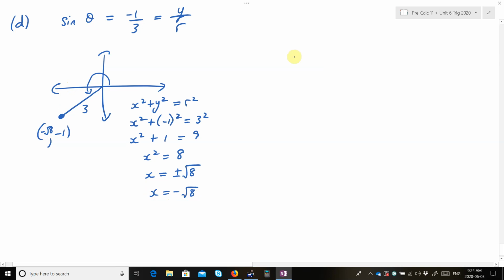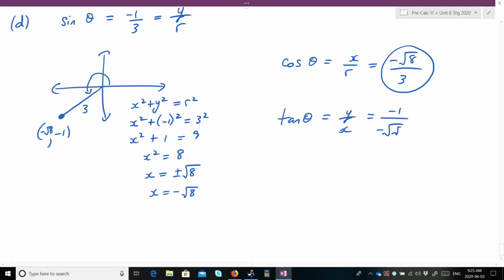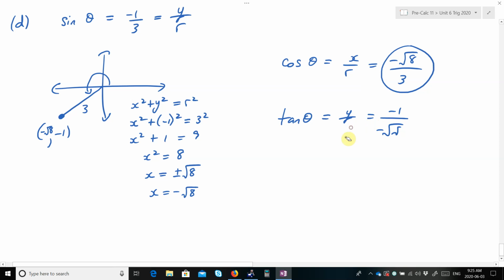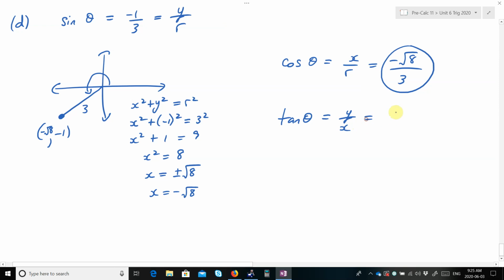Okay, they've already figured out sine theta for us. So we just want cos theta, which is x over r, negative root 8 over 3, and tan theta, which is y over x, and that's going to be -1 over negative root 8, which is 1 over root 8.